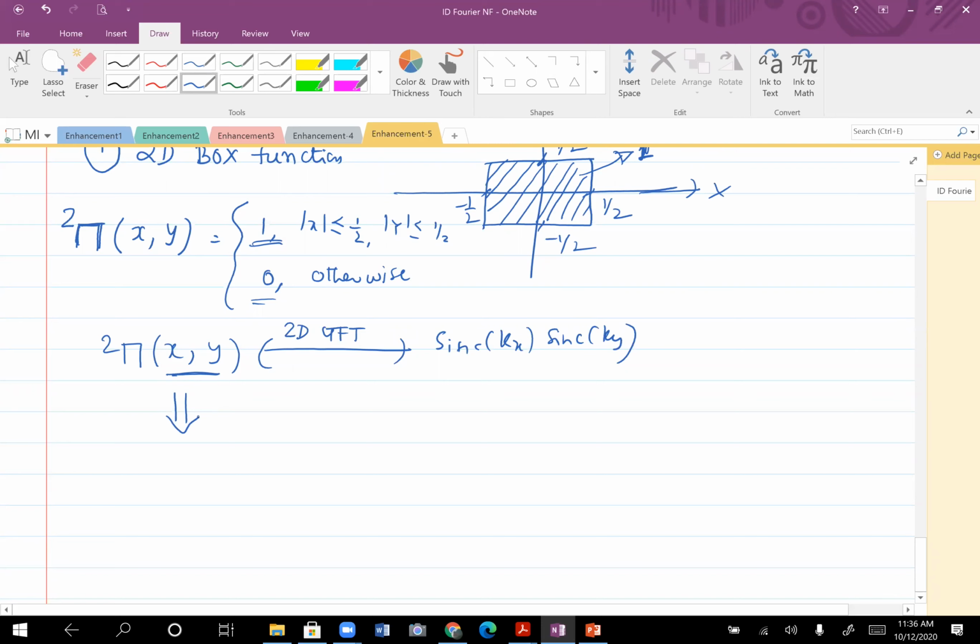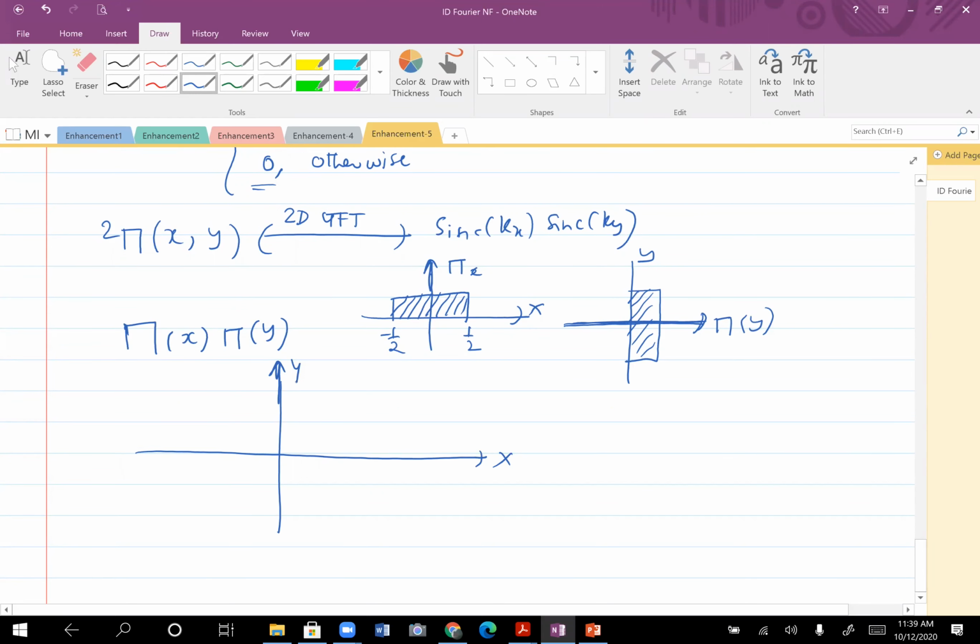How could you write this function now? Is it separable basically? Can you write it as a combination of two 1D box functions? Multiplication, right. So a 1D box function of x, and another box function in the direction of y. Think about it in this direction.